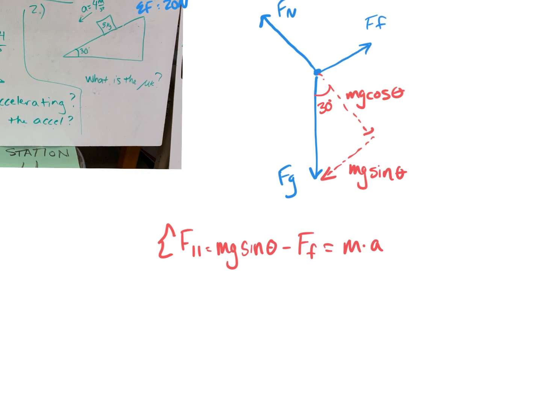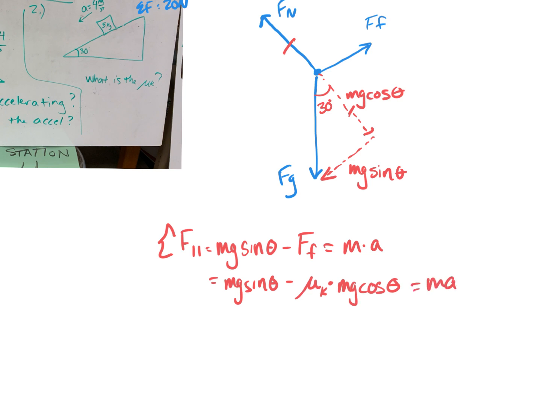That's really mg sine theta minus mu of sliding friction times the normal force. Keep in mind the normal force is the same size as this mg cosine theta. So that all equals ma.